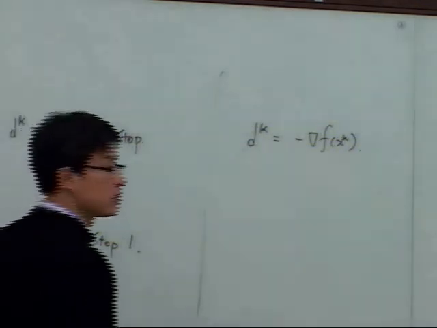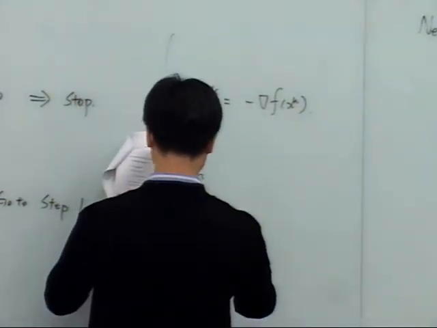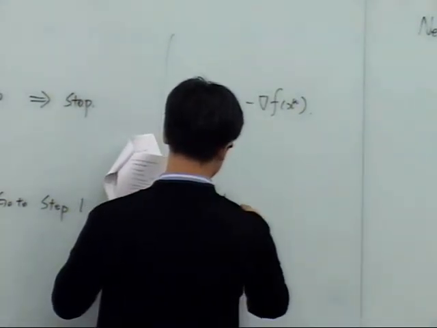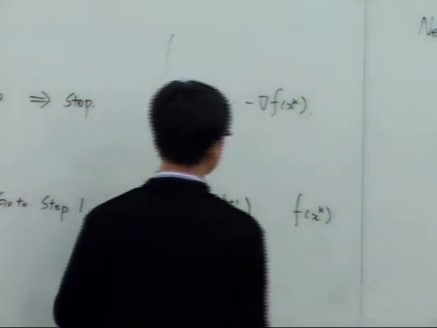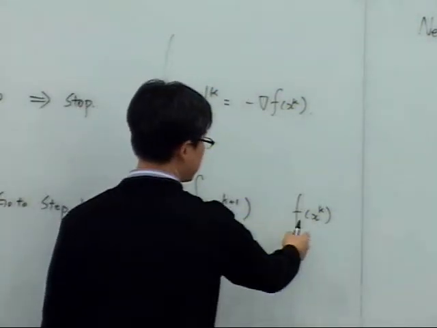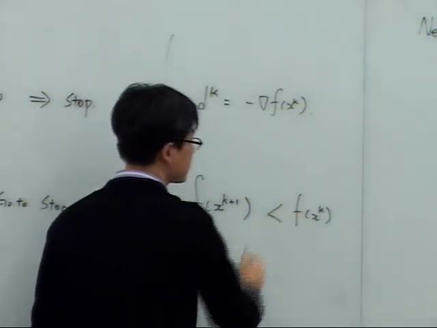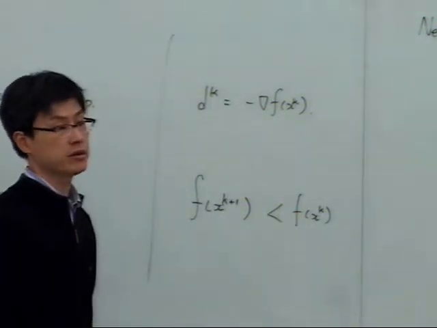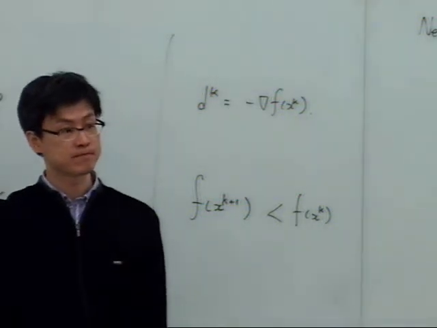And the bad news is, in the steepest descent algorithm, the next point is guaranteed to be less than the previous point. But this is not true in Newton's algorithm.